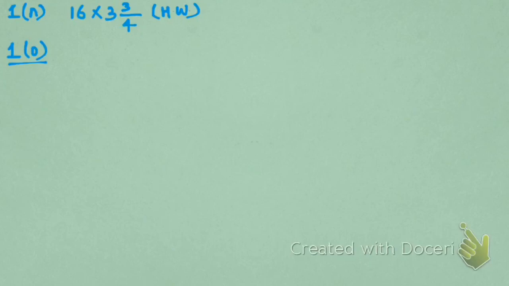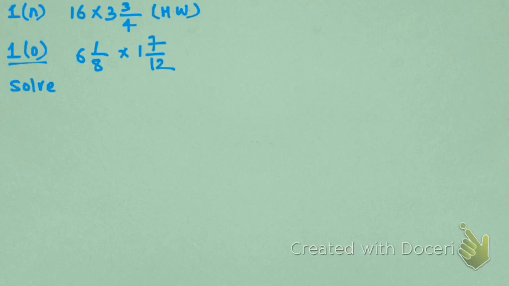Okay, now next question, and you have to solve. This is your homework. 6 1 upon 8 into 1 7 upon 12. Let's convert this mixed fraction into proper fraction.